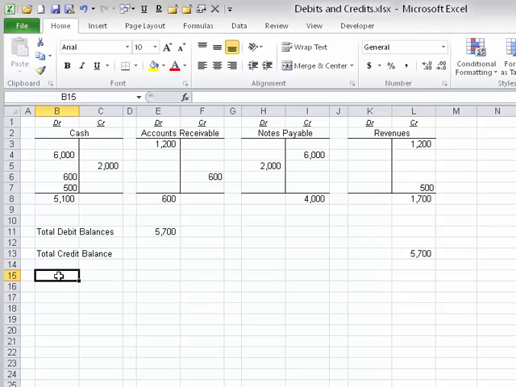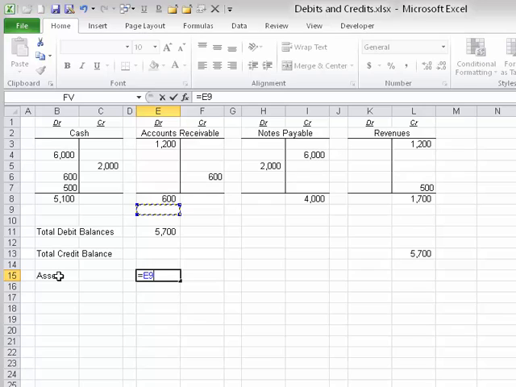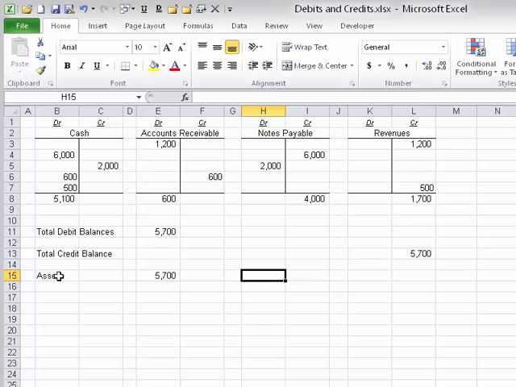How about the accounting equation? The accounting equation would say assets would equal liabilities plus owner's equity. Our total assets, I'll put it over here, is equal to the 510. That's 5,100 plus 600 of accounts receivable. And then I'll put our total liabilities and equity here.